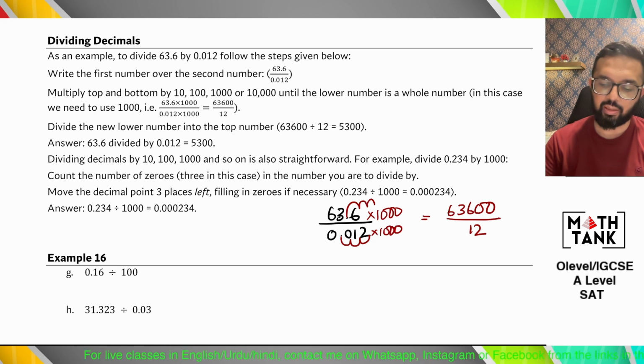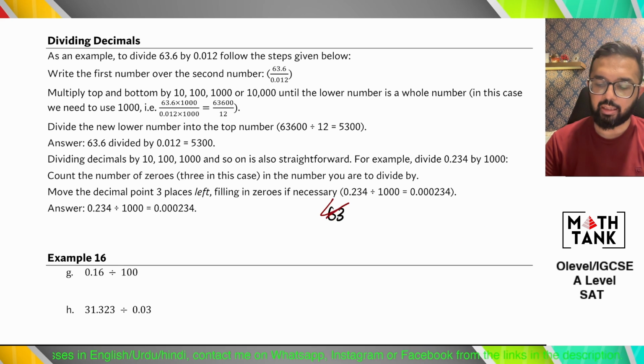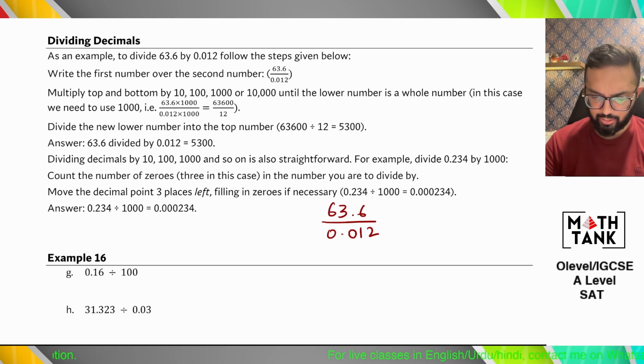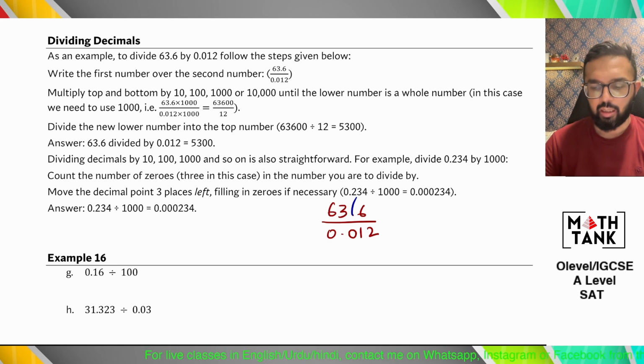There's another way of thinking about this as well, and I think you might find that a little easier, but it has the same result. So 63.6 divided by 0.012. What I was taught when I was your age is to remove this decimal place like that. And because I've removed one decimal place, I put a multiply by 10 in the denominator.